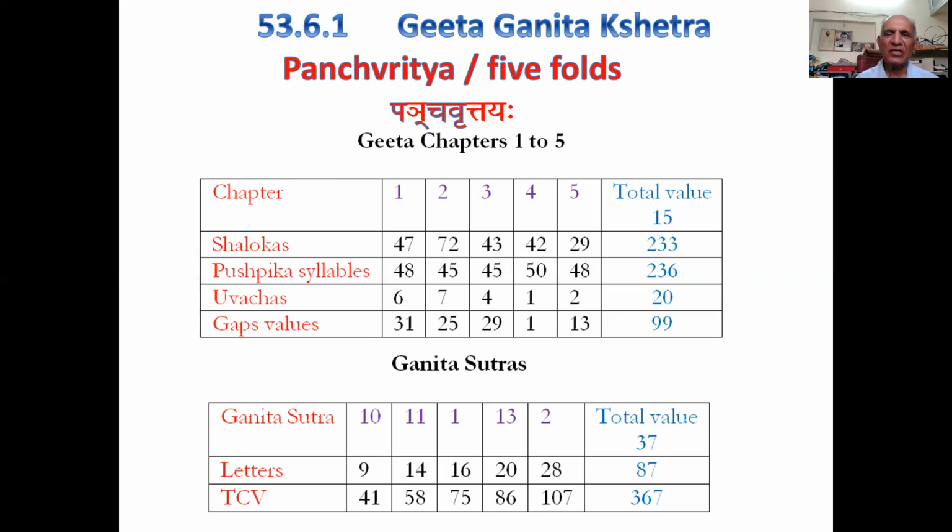See the Pushpikas syllables are 236. The gap values range yields precisely 236 factors, and there are precisely 236 letters of 13 Ganita Sutras.